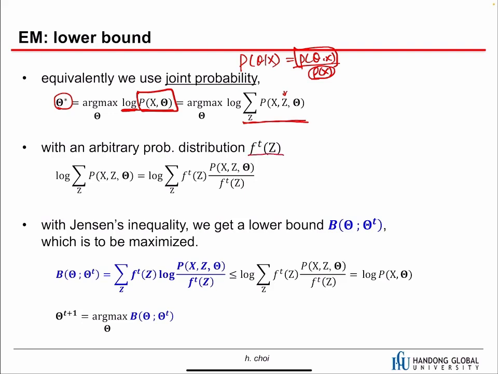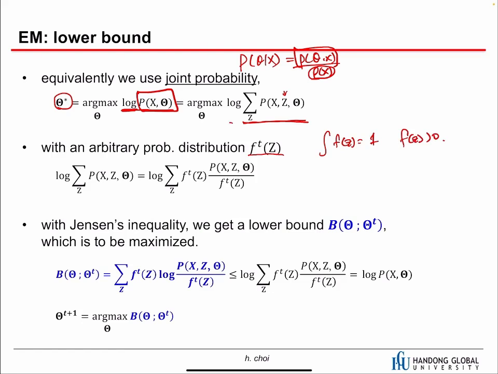We don't know what it is, but because it is a probability distribution, it should sum to 1 and f should be positive. So it is a probability.